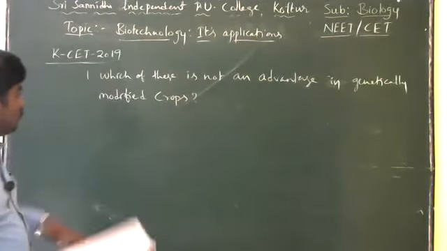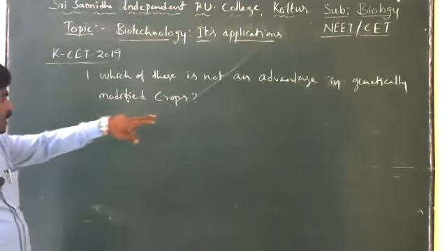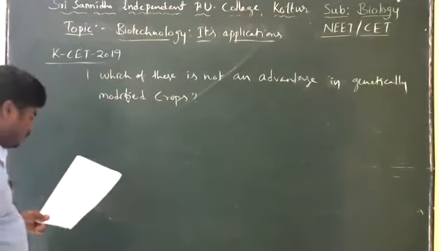The question is like, which of these is not an advantage in genetically modified crops? Which is not an advantage?